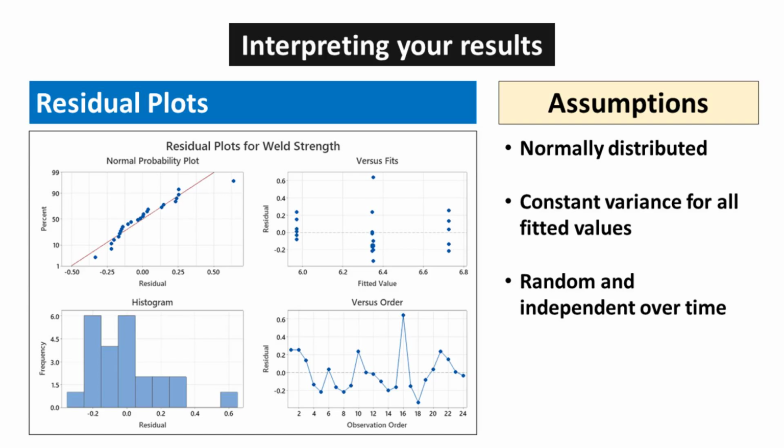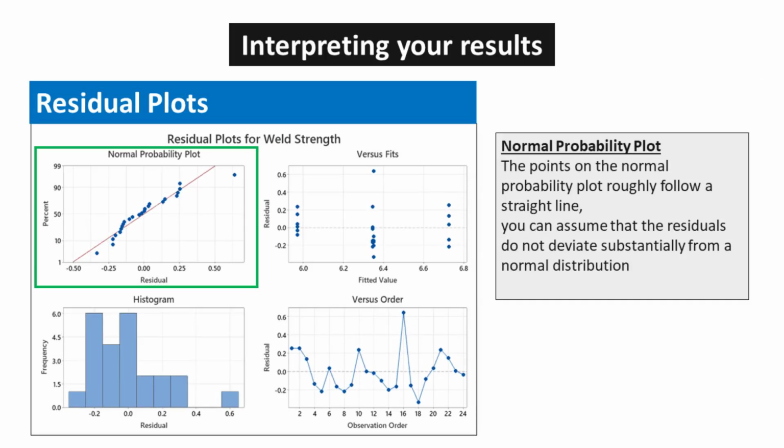There are three assumptions of error: normally distributed, constant variance for all fitted values, and random and independent over time. For the normal probability plot, the points roughly follow a straight line. You can assume that the residuals do not deviate substantially from a normal distribution.